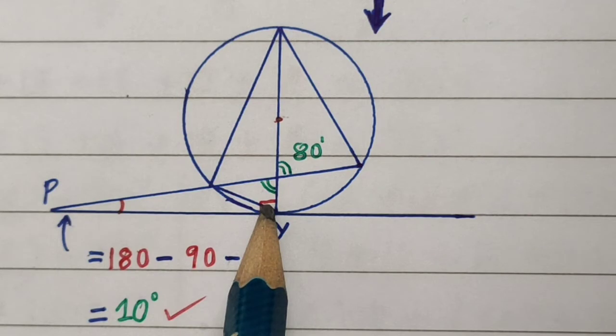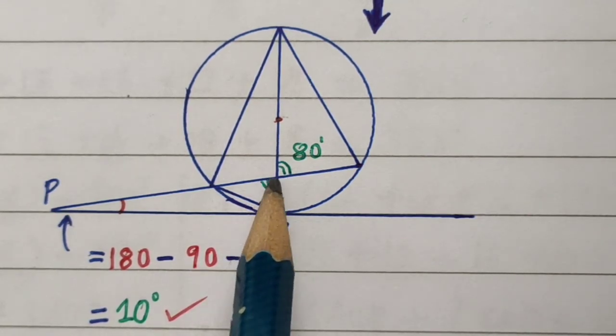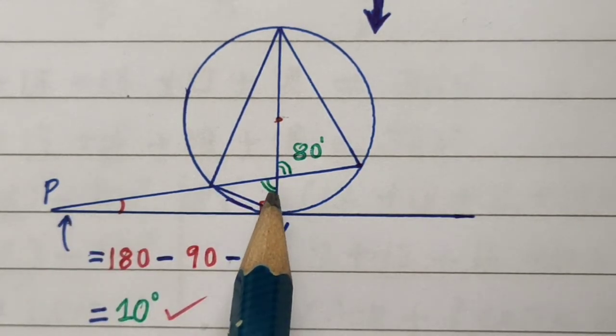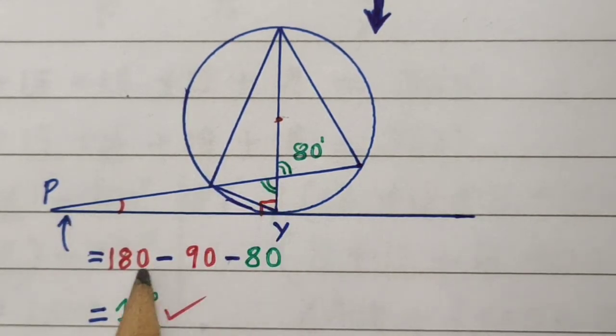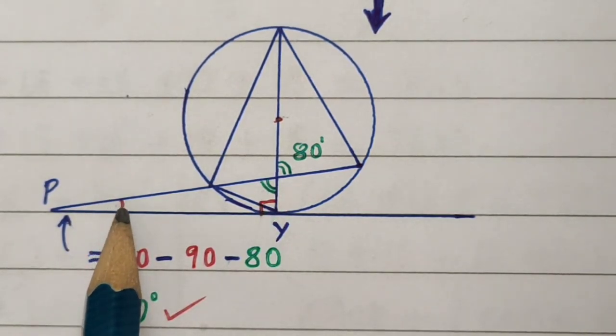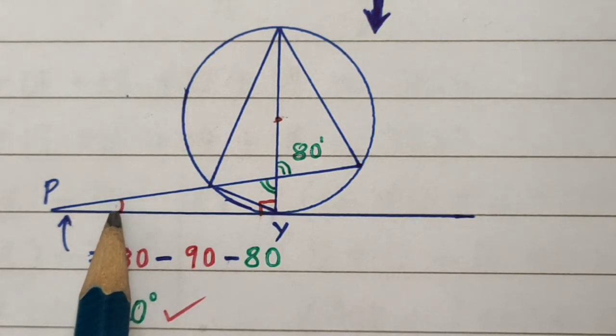Therefore, this is 90 degrees. This is 80. Once we consider this as a triangle, 180 minus 90 minus 80 will give this angle. 180 minus 90 minus 80 will give 10 degrees. This is 10 degrees. This is what we needed to find out, this angle.